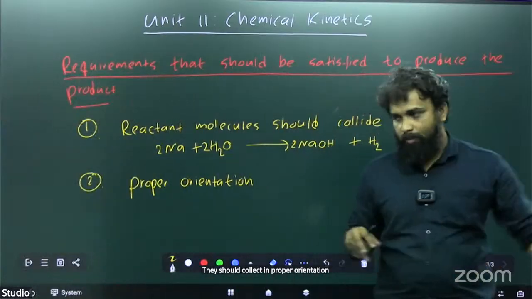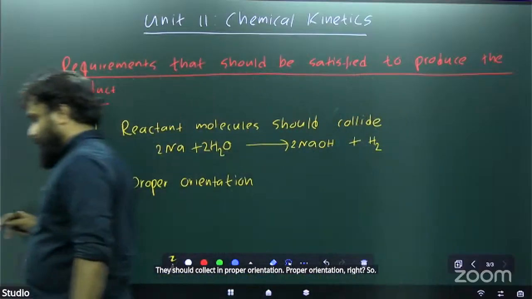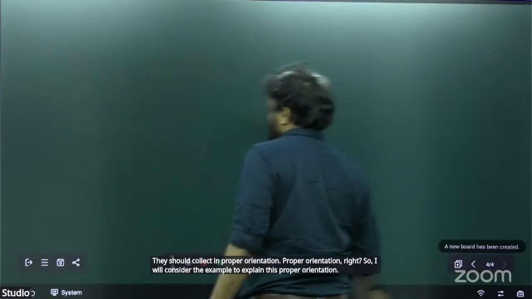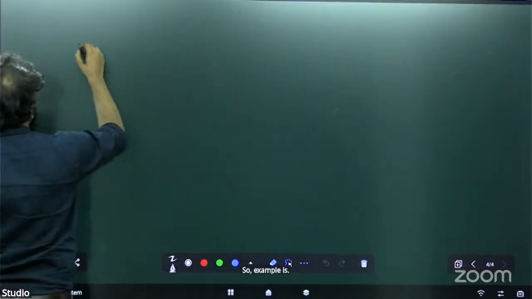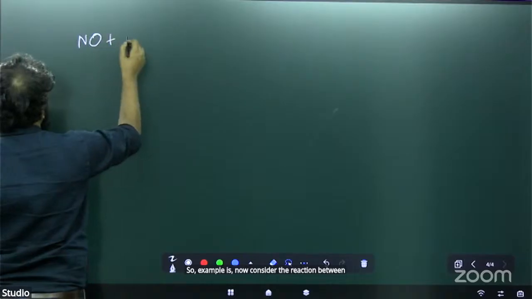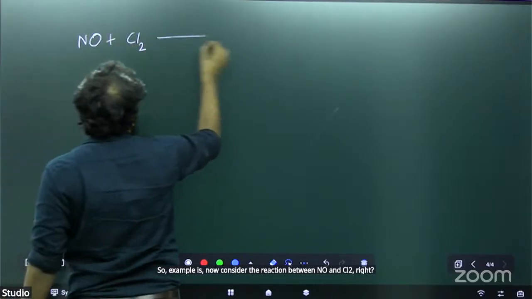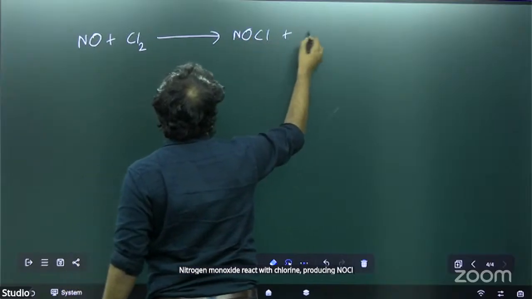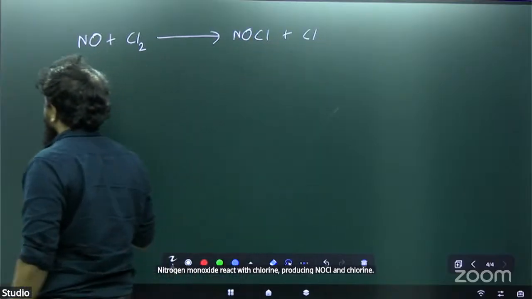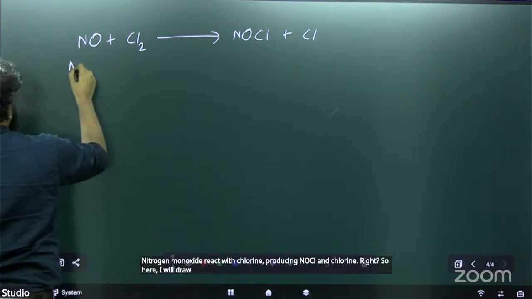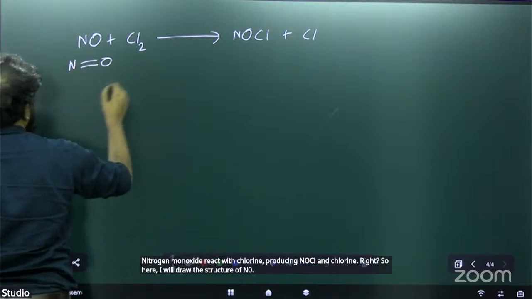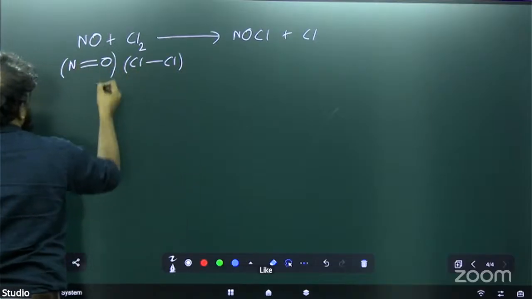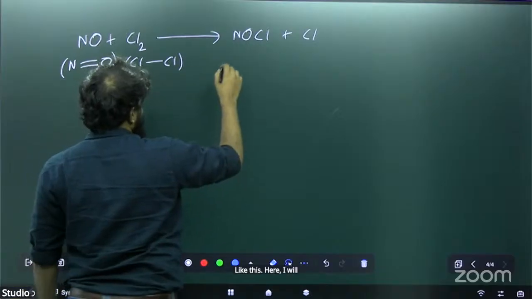Proper orientation, right? So I will consider an example to explain this. Consider the reaction between NO and Cl2, right? Nitrogen monoxide reacts with chlorine producing NOCl. Here I will draw the structure of NO, nitrogen double bond oxygen, and chlorine like this. Here I will not indicate the lone pairs.